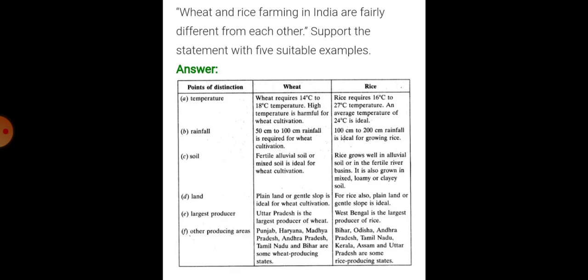Like for wheat, we also include Punjab, Haryana, Madhya Pradesh, Andhra Pradesh, Tamil Nadu, and Bihar as some of the wheat producing states. And for rice, the other producing states are Bihar, Odisha, Andhra Pradesh, Tamil Nadu, Kerala, Assam, Uttar Pradesh.